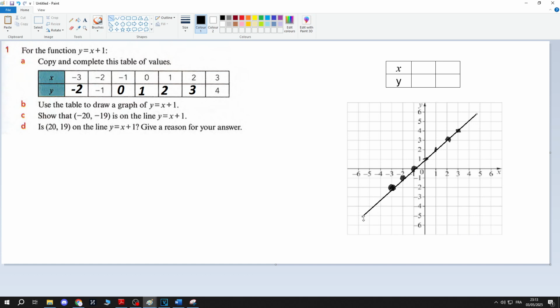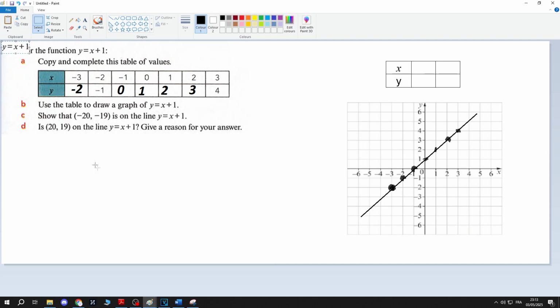Isn't that right? Now, as you may have noticed, I have taken a very long time to draw my graph. But what if I tell you that as soon as we know that this is a linear function, for example, y equals x plus 1. What form is this?